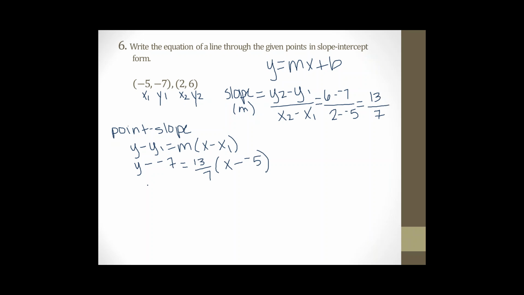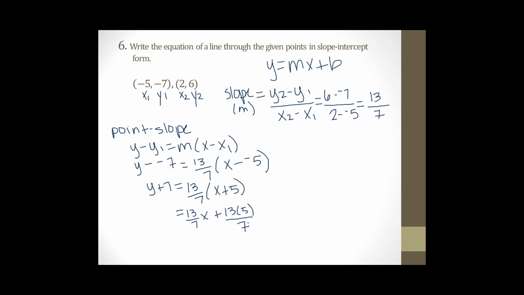So minus a negative becomes y plus 7 equals 13 over 7 times x plus 5. And now I need to distribute the 13 over 7. So that's going to be 13 over 7x plus 13 times 5 over 7.